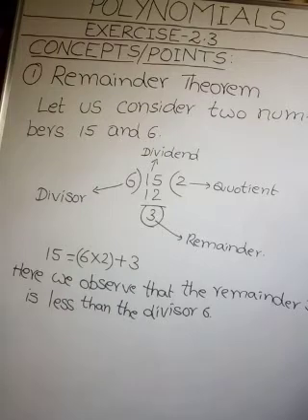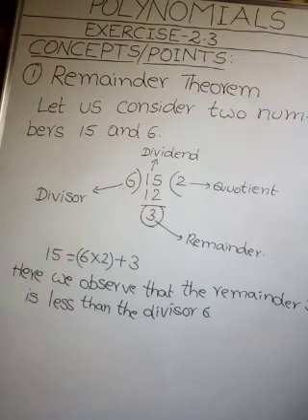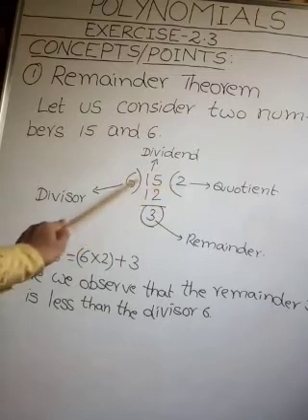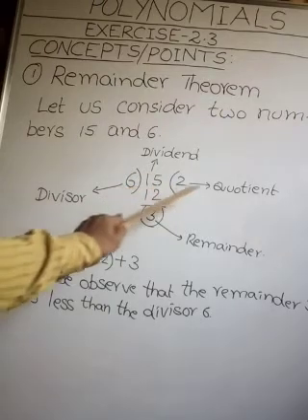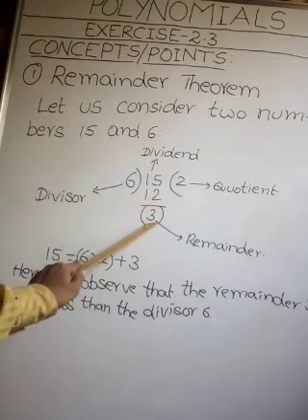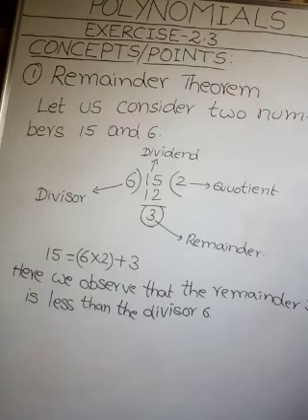If we divide 15 by 6 using long division, how many times? 6 twos are 12. Then what will you get here? 3 is the remainder.